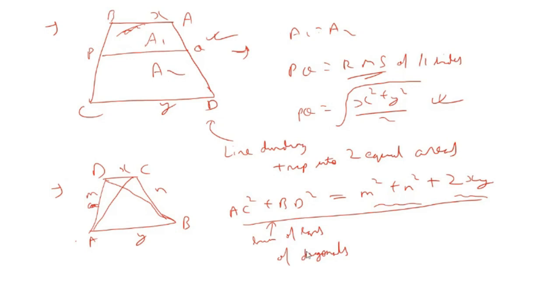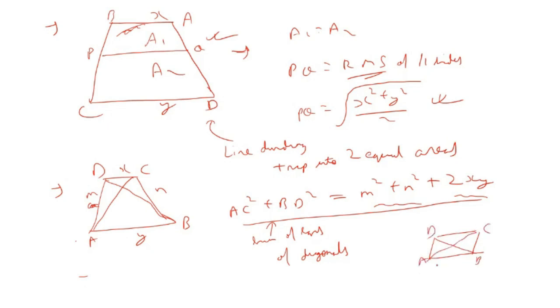Typically, if one of these applications comes directly, we can use them directly, but in case we have to do some working, we'll take a few questions of that sort. While we're on this topic, for a parallelogram, the sum of squares of diagonals is the same as the sum of squares of sides.